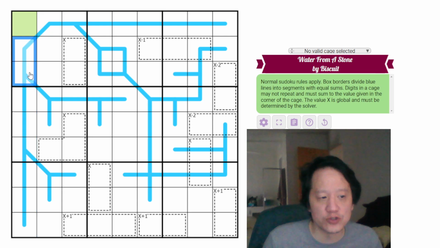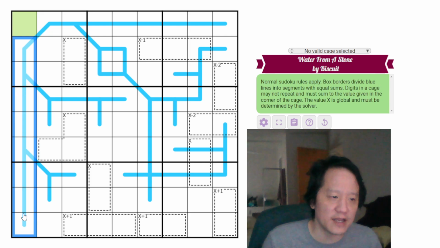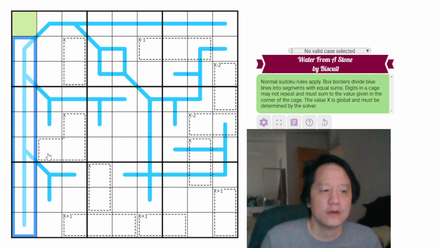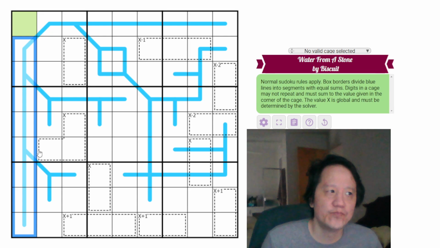And z is equal to... sorry, y is equal to 2z. So it's 5z. So it has to be, z has to be 8, right? No. It can't be 9.